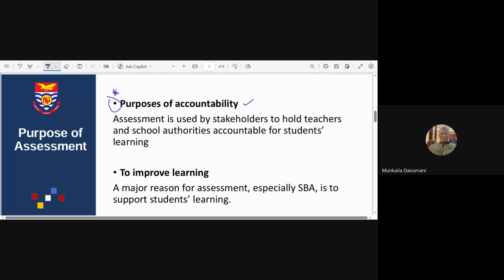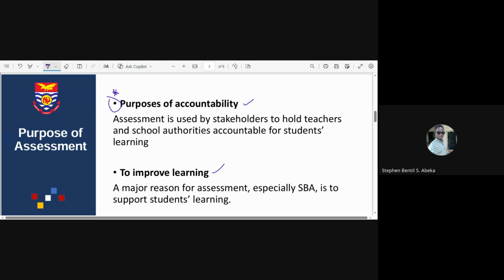Yes, sir. Go ahead, please. So with improved learning, the information obtained and the judgment made thereof are mainly to ensure that students' learning outcomes improve. In the mathematics classroom, this means that the aim of assessing students is to use the results obtained to diagnose students' strengths and weaknesses in order to decide how to proceed with the subsequent instruction.